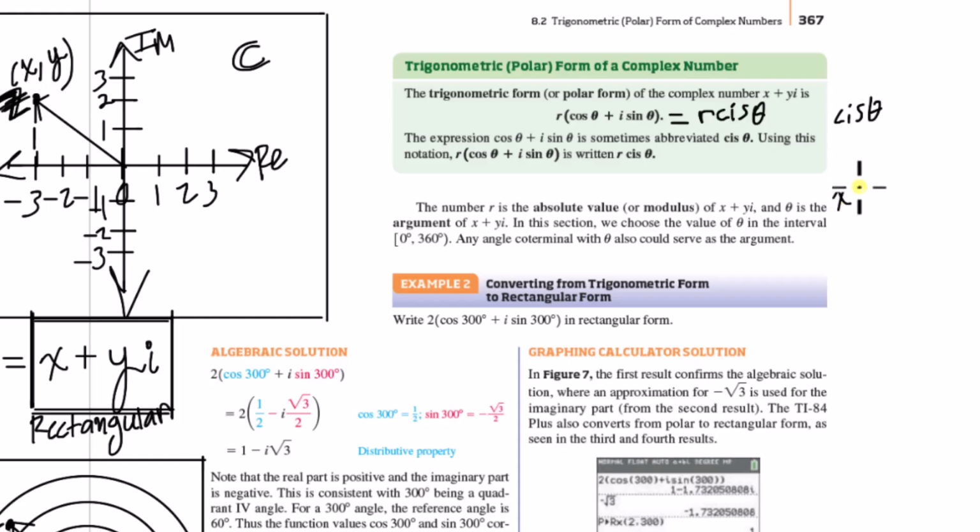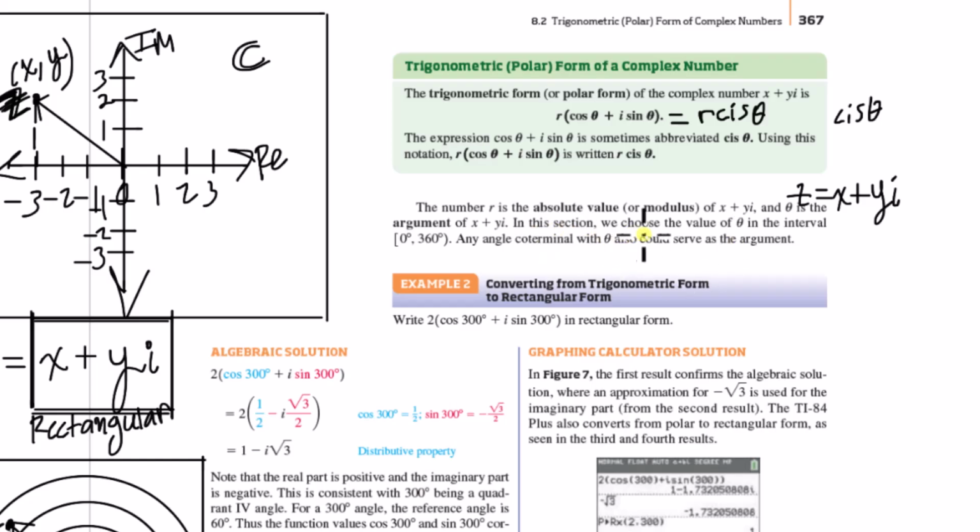So we've got this complex number, z equals x plus yi. R of this form is what you call the absolute value or the modulus, and theta you call the argument. So if you're looking at a complex number in rectangular form, you can think about what is the modulus of this complex number, or what is the argument. What they're talking about is r and theta.